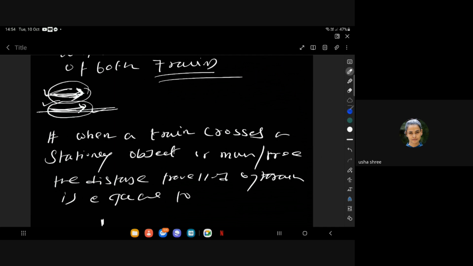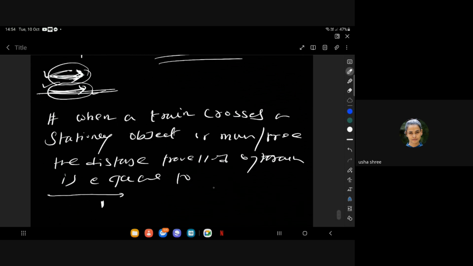A tree is there or a man is there. Now a train is traveling like this. The distance covered by the train is the distance of the train plus the distance of that object.